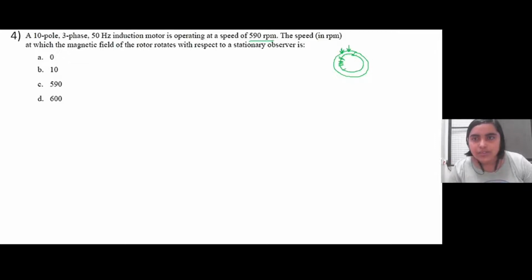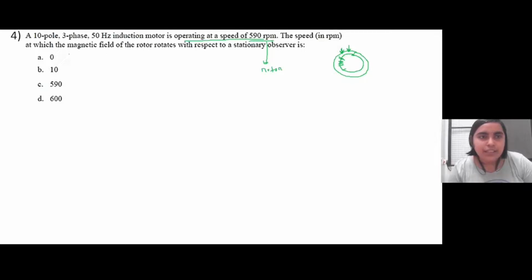If there is a slight difference in the speed of rotation of the rotor with respect to the synchronous speed of the stator, this EMF is not equal to 0. That is how this motor operates. So in the question, when it is given that it is operating at a speed of 590 rpm, it suggests that it is the rotor speed.